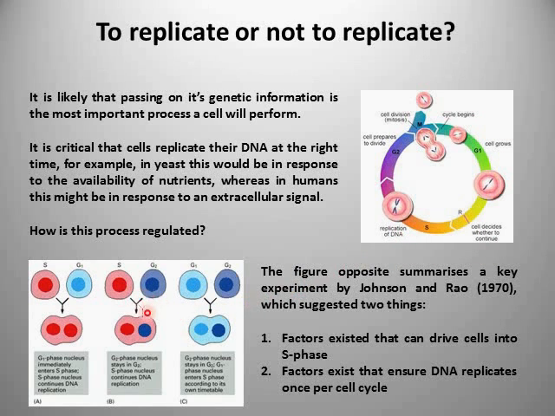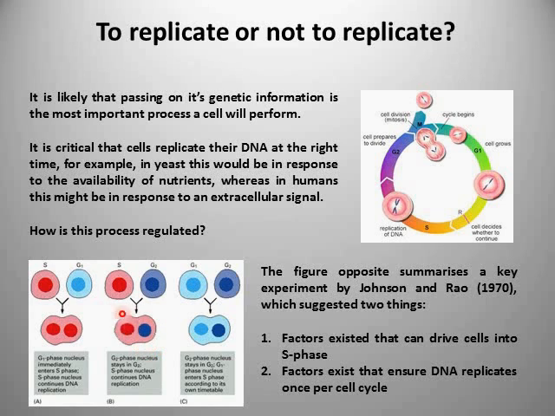Similarly, or in contrast I should say, if you look at an S phase cell here and you fuse that to a G2 phase cell, so this is a cell that's already replicated its DNA, it's not divided yet, it's not undergoing mitosis, but the DNA content of the cell has been replicated. Now we see something very different. The S phase cell here isn't capable of driving this G2 phase nucleus back into S phase. The nucleus stays in this G2 state.